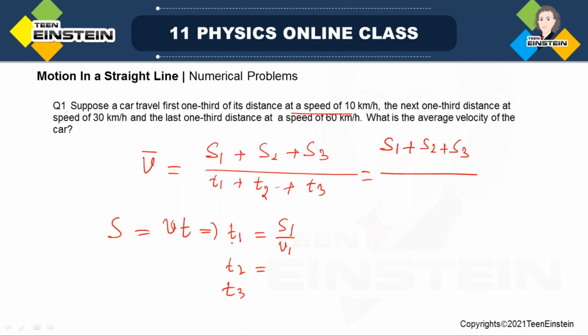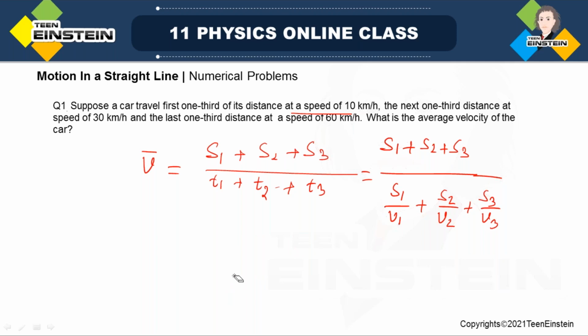So I'll not find out the values of t1, t2 and t3. Instead I'll do a simplification over here. So s1 by v1, s2 by v2, and then s3 by v3. After doing that, look in the numerator and denominator, we can do a little bit of simplification.